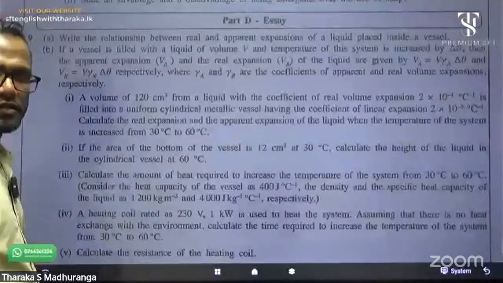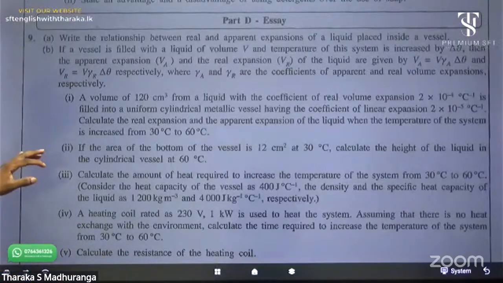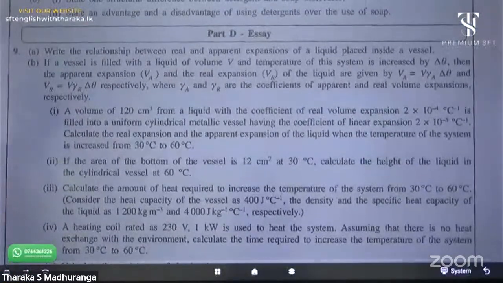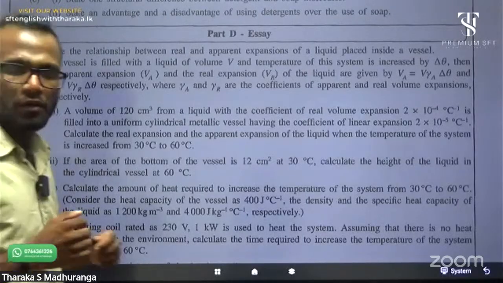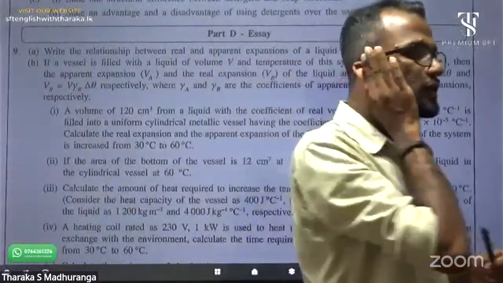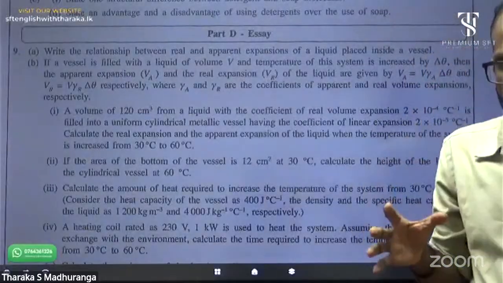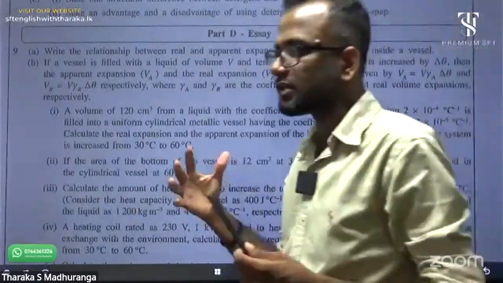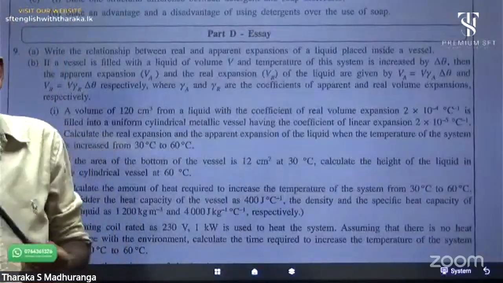Okay, this question is based on thermal expansion and quantity of heat. Now we already completed thermal expansion and quantity of heat.